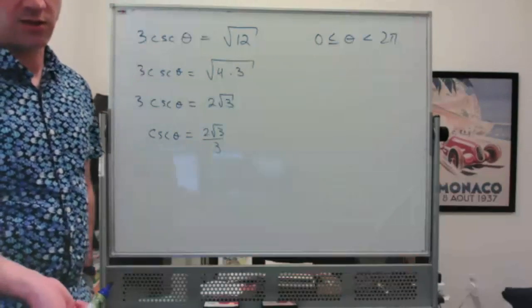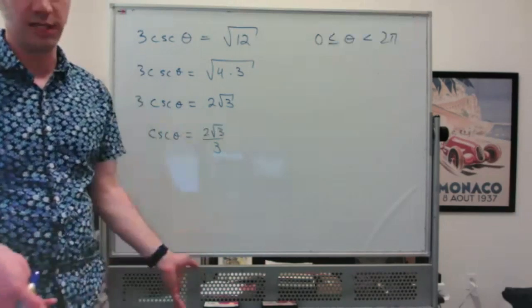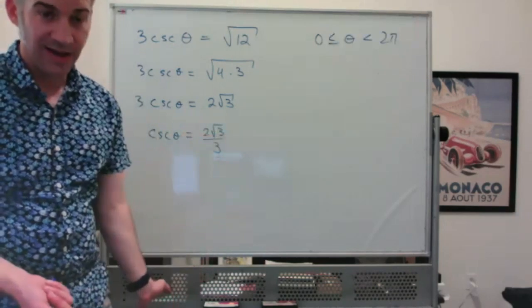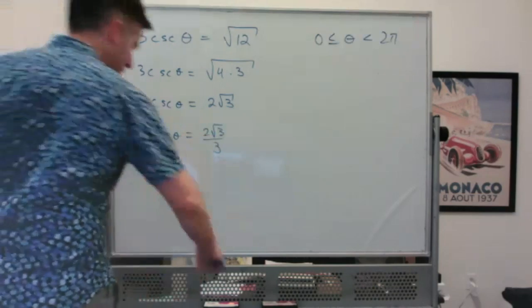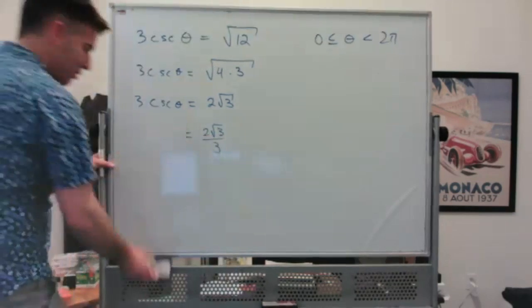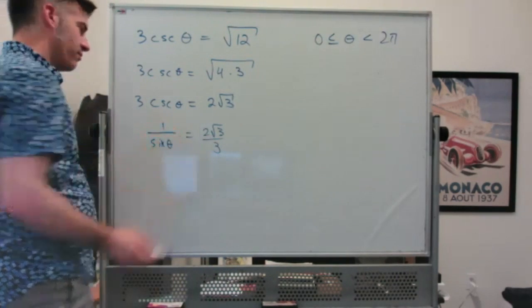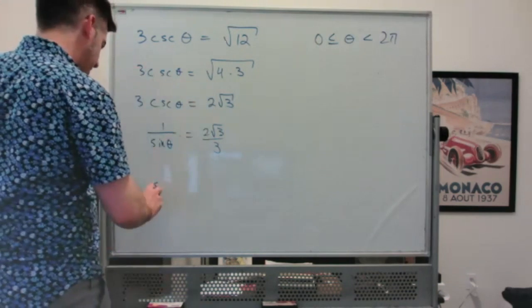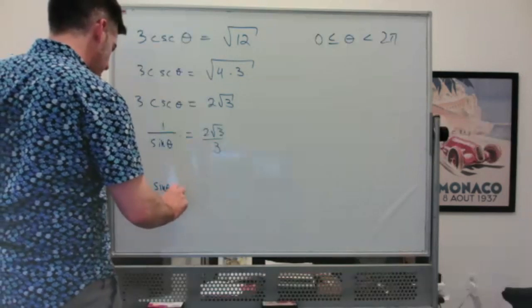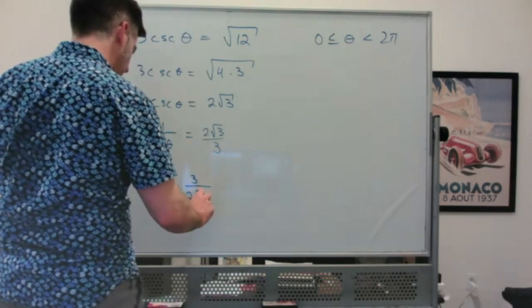Honestly, this looks terrible to me. I never remember what angle cosecant is equal to anything at. I would probably flip these both over. Cosecant is 1 over sine. So if I flip both sides, I can say that sine of theta is equal to 3 over 2 root 3.